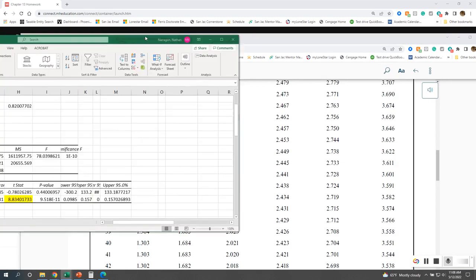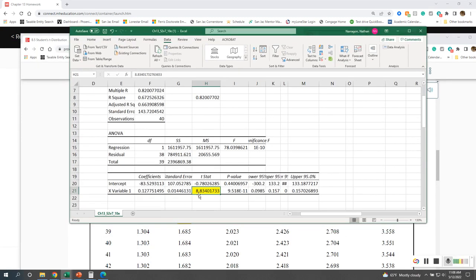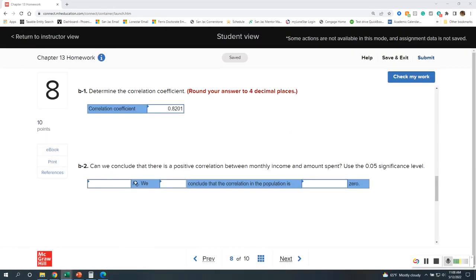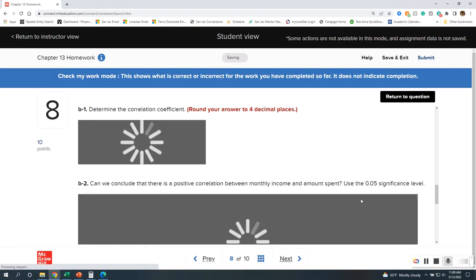Our actual calculation done by Excel is 8.83. So I would definitely say that is greater than 1.686. So we are going to reject the null. We can conclude that the correlation of the population is greater than 0.